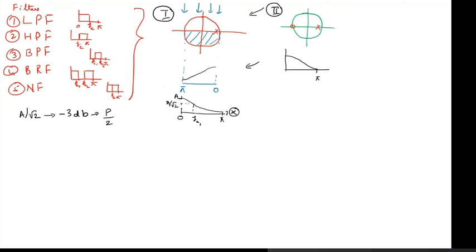But think of a condition where I tell you that at the lower frequencies you have a definitive gain, but at a particular frequency you should have a cutoff. So what will you do?